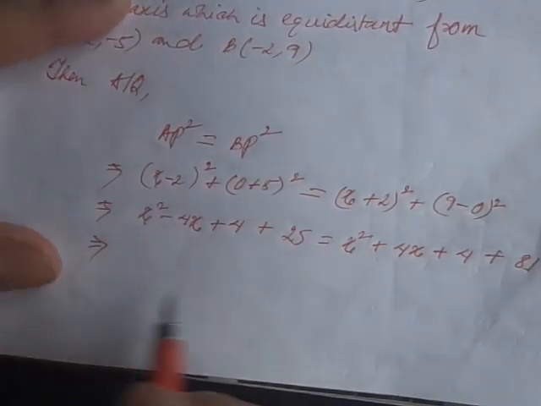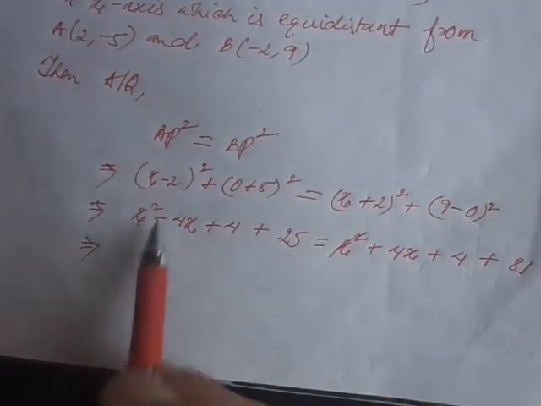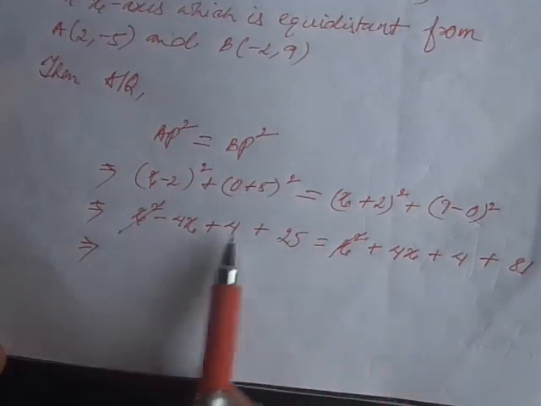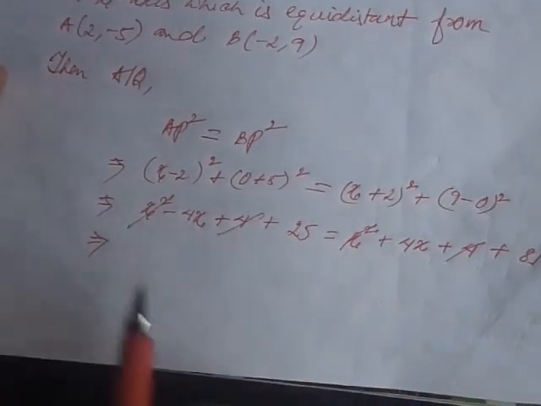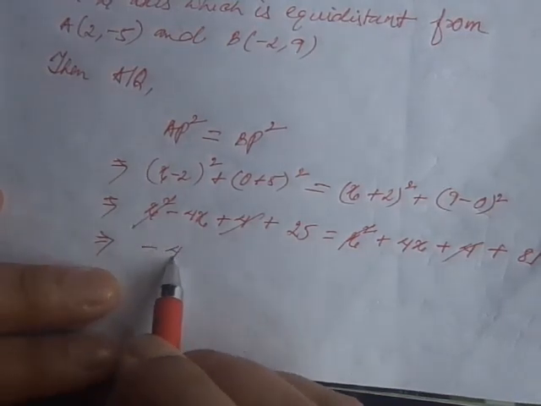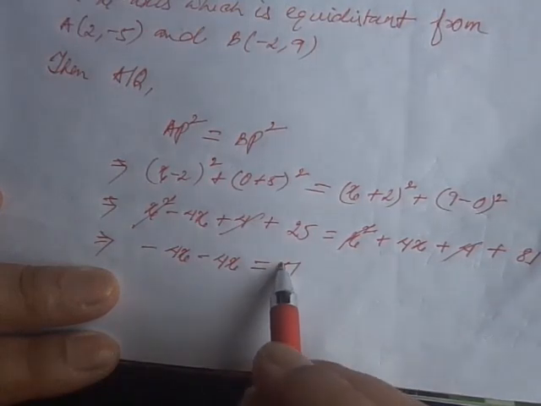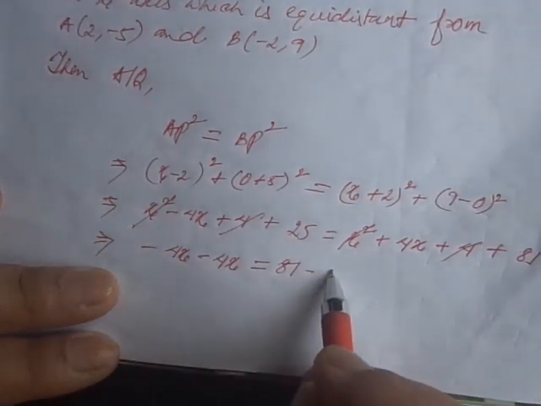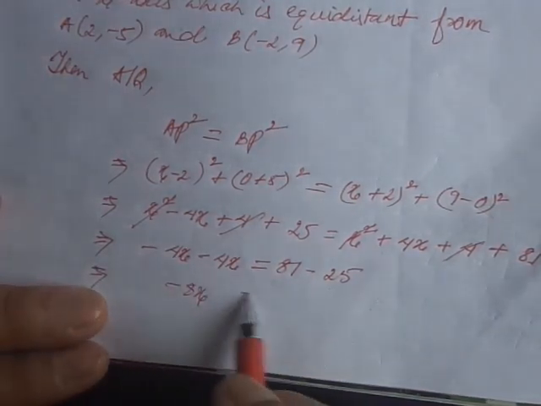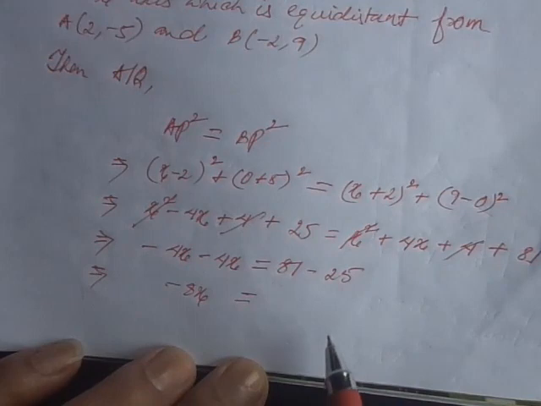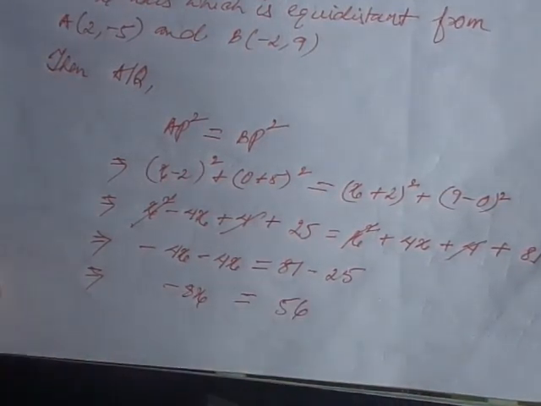Then the same terms we can cancel, so this x square and this x square cancel, and the 4 and 4 cancel. Bringing this side, minus 4x minus 4x equal to 81 minus 25, so we get minus 8x equal to 56.